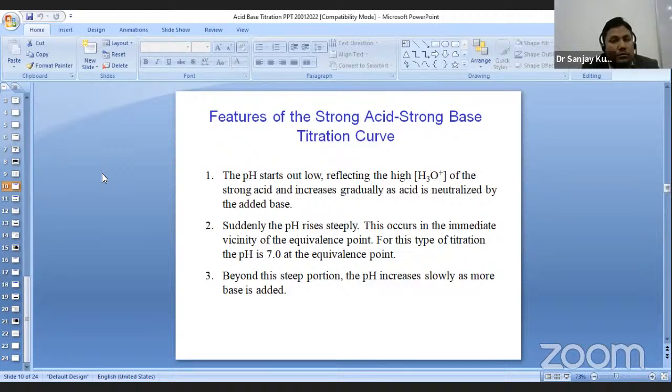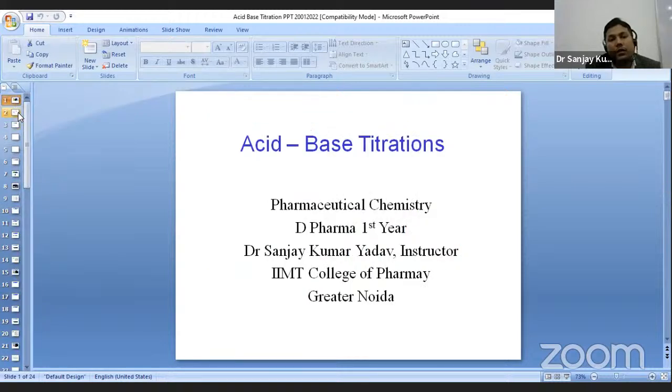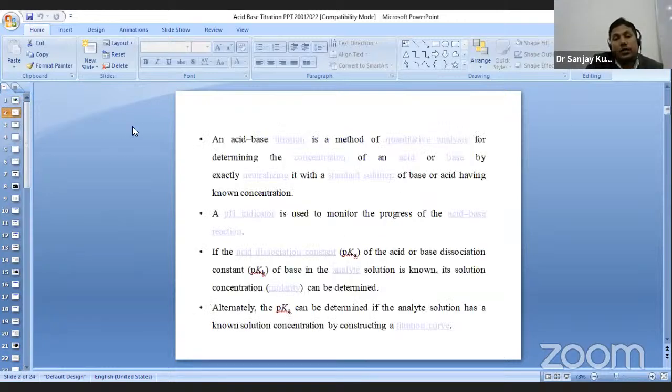In the very first slide we had already shared the definition, that it is a quantitative analysis for determination. So here we are going to discuss the quantity, meaning how much acid or how much base is going to be neutralized in the presence of an indicator.